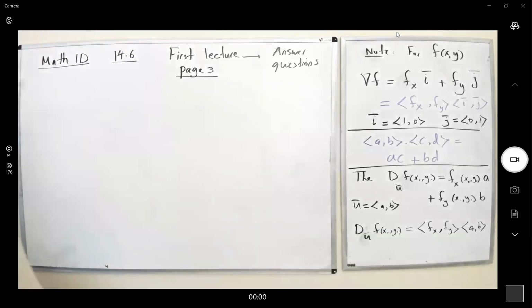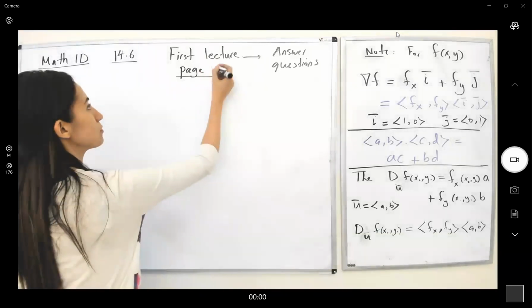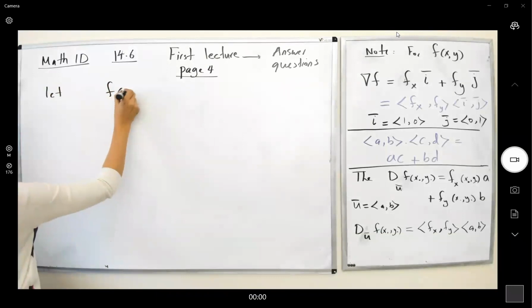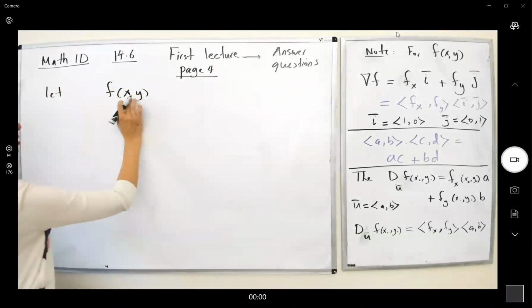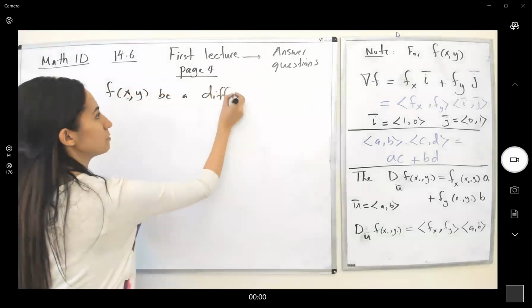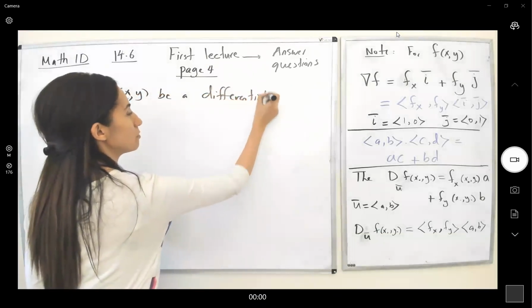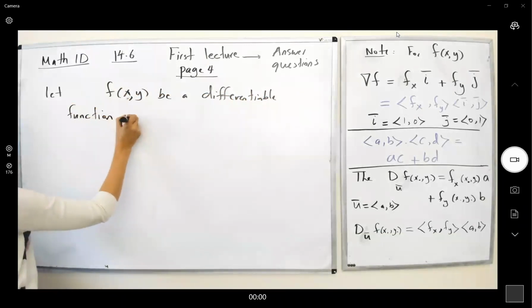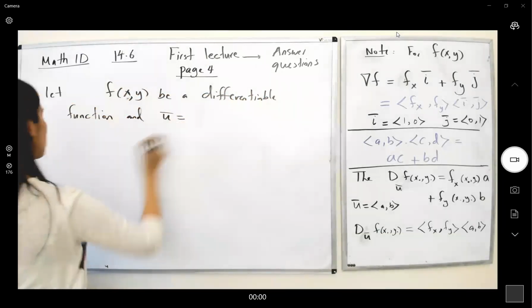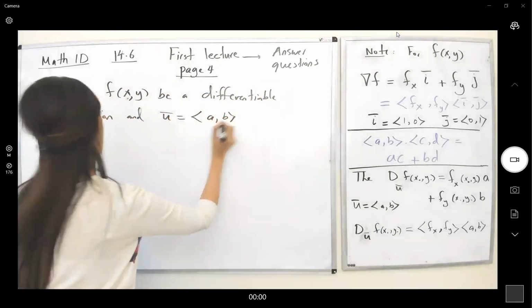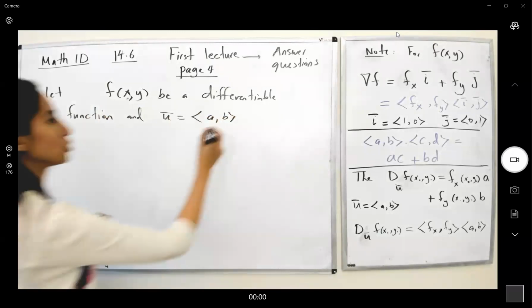Okay, so let's go to page 4. Let f of x and y be a differentiable function. And u, for example, is given as (a, b), and it's a unit vector.